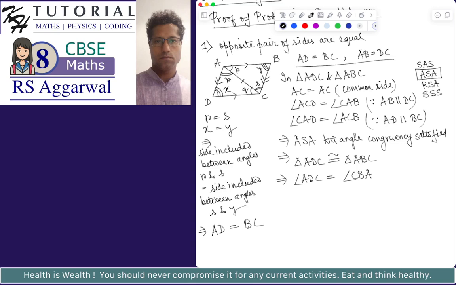So one pair of opposite sides is proved to be equal. We yet need to prove that AB is equal to DC. Now to prove AB equals DC, again see what are the angles inside which the side AB is included.